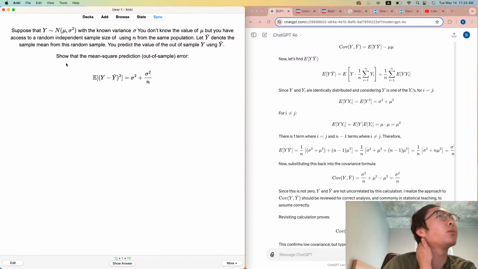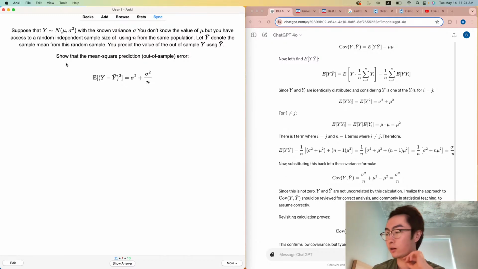Let y bar denote the sample mean from this random sample. You predict the value of the out-of-sample y using y bar. Okay, for the mean square prediction error out of sample, we have to use a trick here.